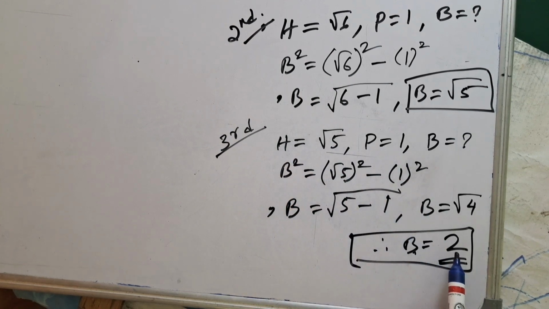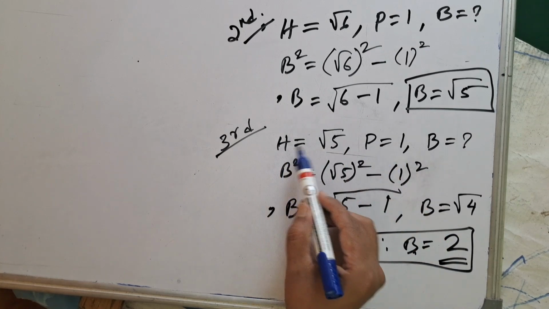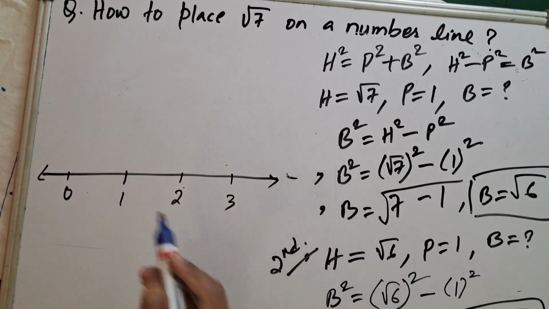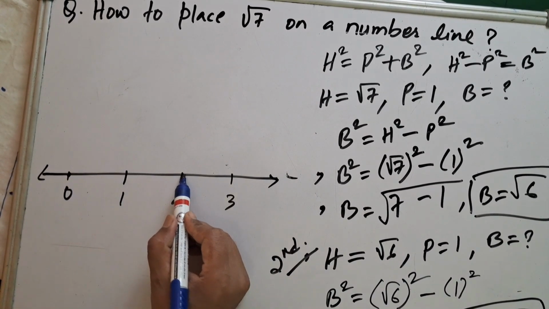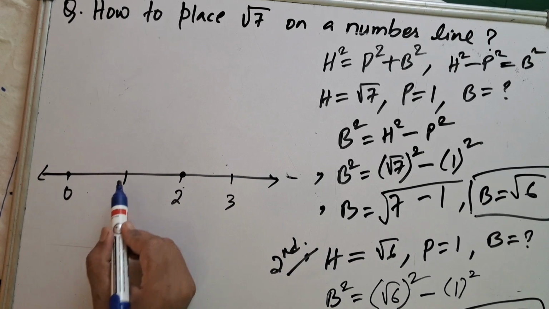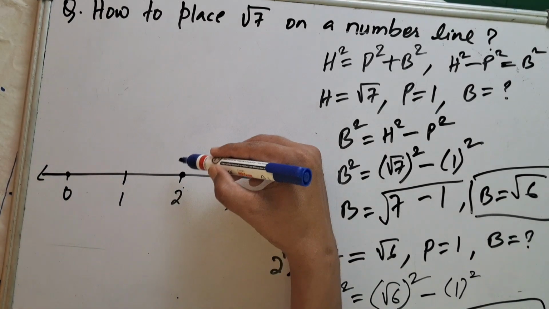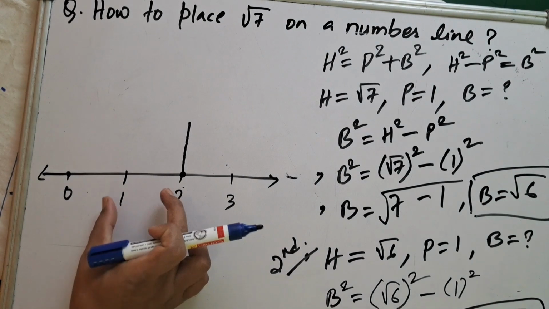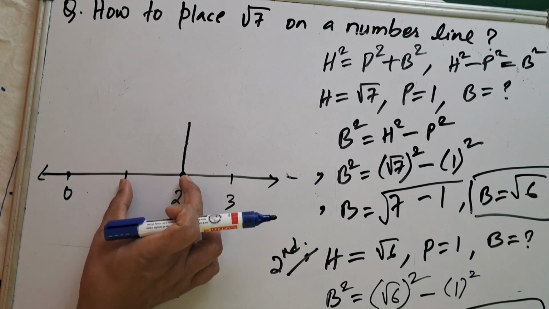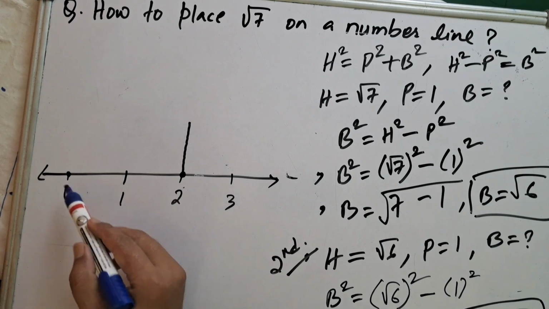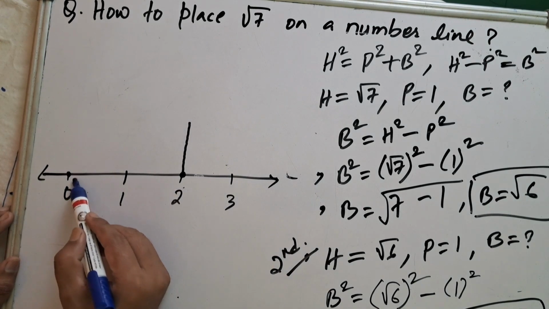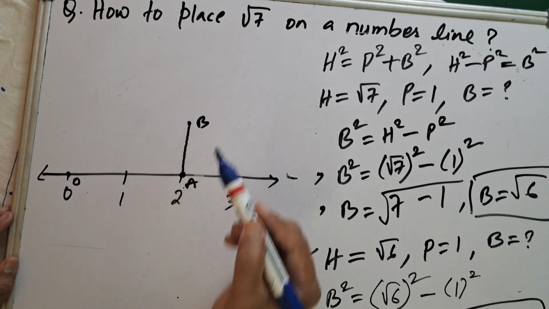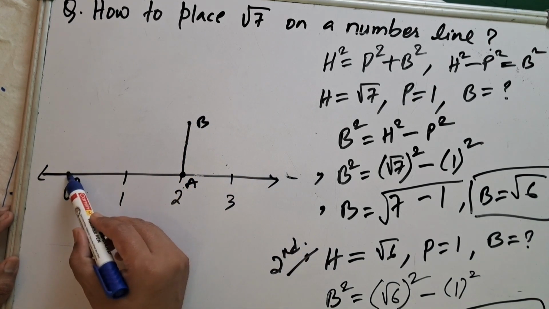So what we do is we take the base as 2 units from 0, 1, 2, and we draw a perpendicular of 1 unit. So this is 1 unit, equal in length to this 1. Suppose this is O, this is A and this is B. Now we join OB.